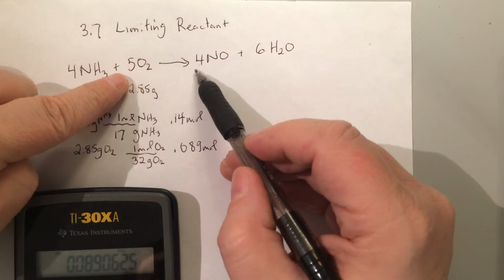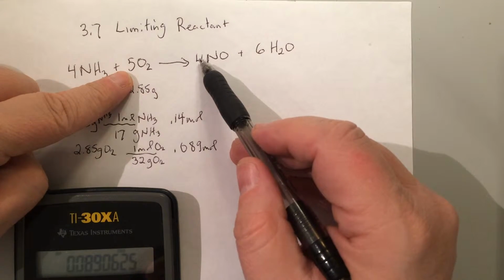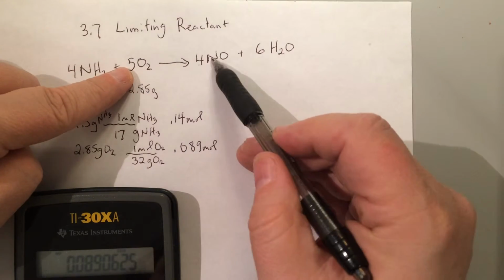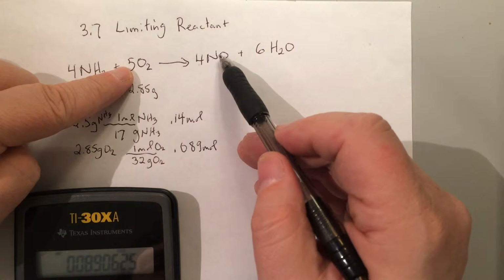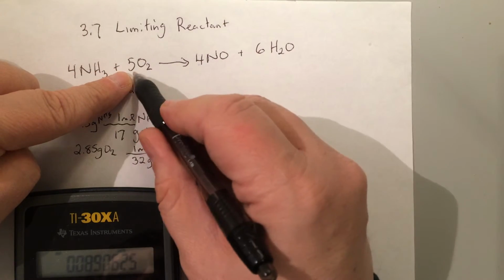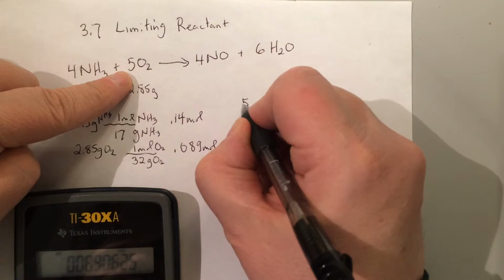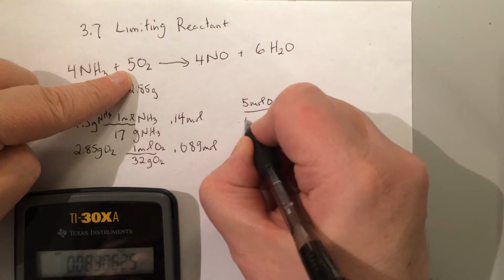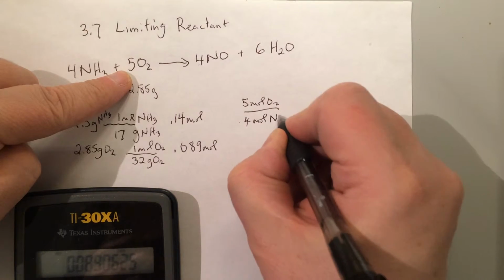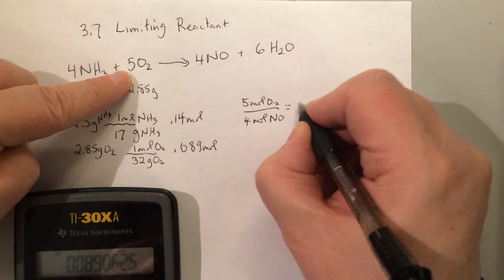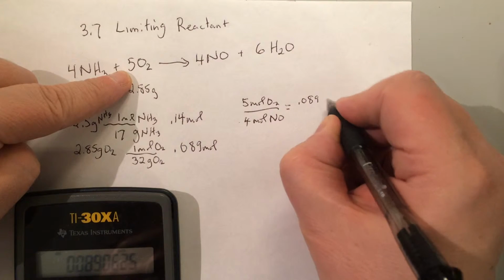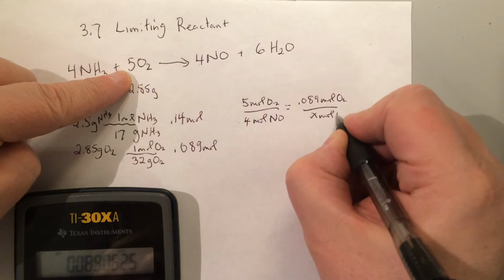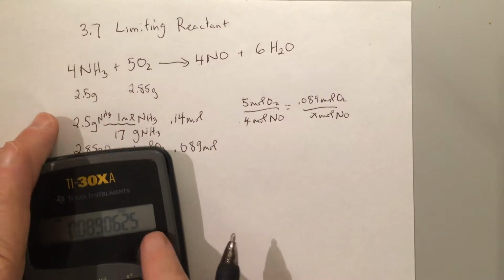Okay. Now this is not one-to-one, so we're going to have to actually do the cross multiplication. Let's start with oxygen. Let's go to this one again because we know what the other amount made. So let's say it's a 5-to-4 relationship. So 5 moles of oxygen to 4 moles of NO equals 0.089 moles of oxygen over X moles of the NO. So let's find out how much we can make.